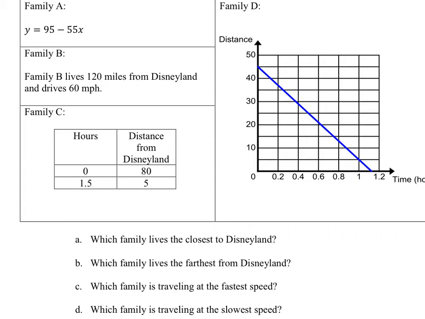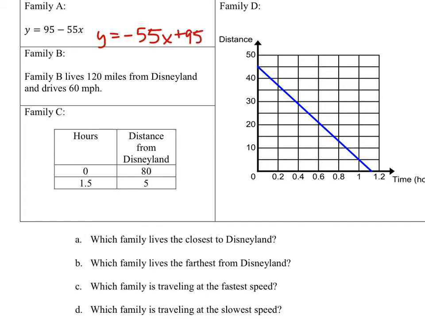So, based on these 4 things, we have to determine the answers to A through whatever it goes to. And on A, for example, there's a couple things we need to determine: how far do they live from Disneyland? Just looking at that equation. Now we could rewrite it, by the way, as y equals negative 55x plus 95, right?